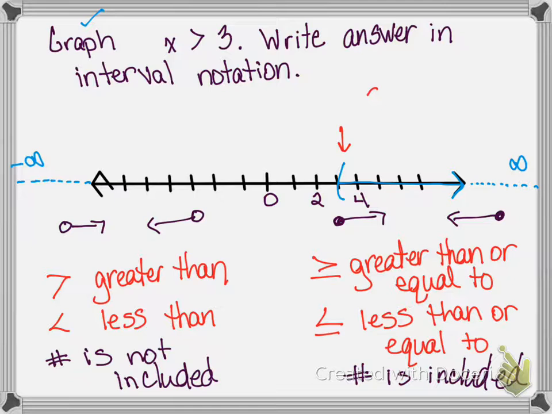Okay, so I've got the number 3, and I'm going to put a parenthesis around it because the number 3 is not included. And I go all the way to positive infinity. Okay? This is my graph right here. This is interval notation.